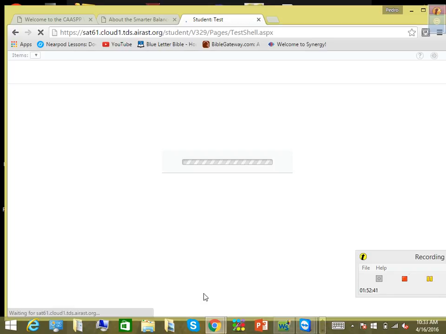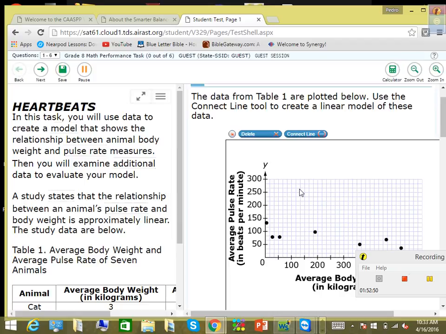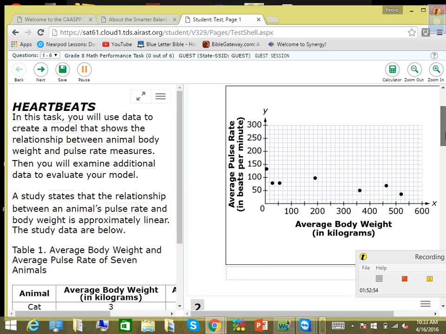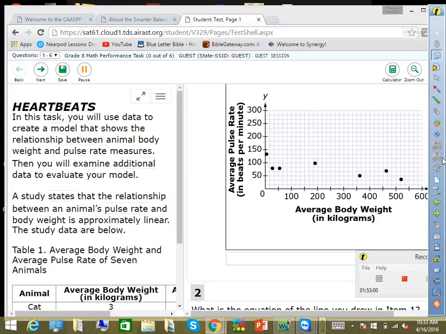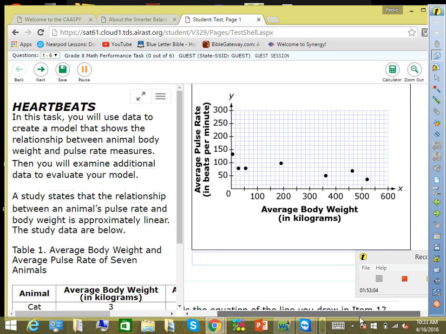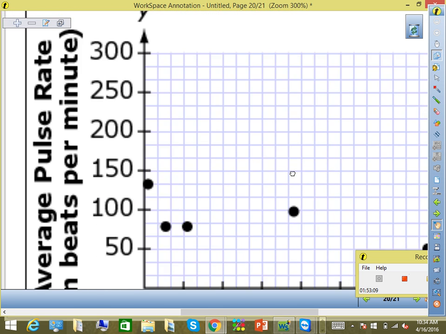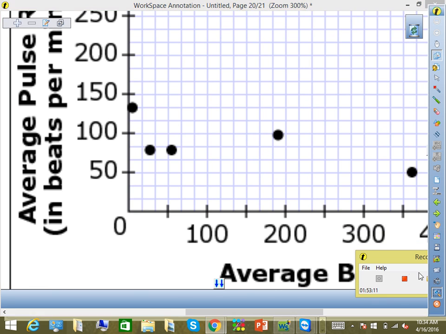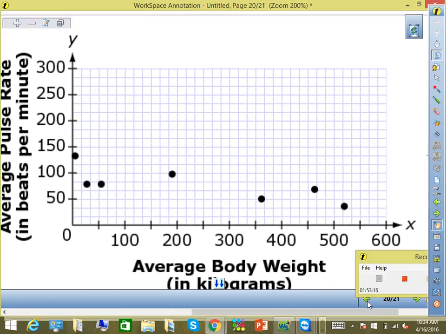All right, look up, please. Here's what a performance test is going to look like. Okay, look at this one. Let me zoom in. Okay.